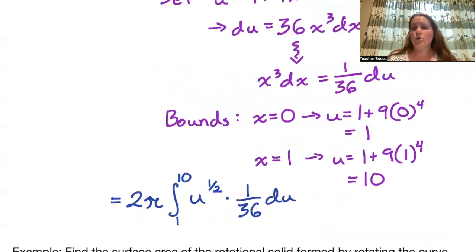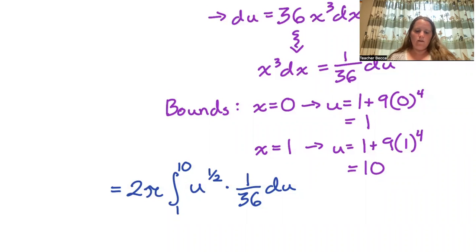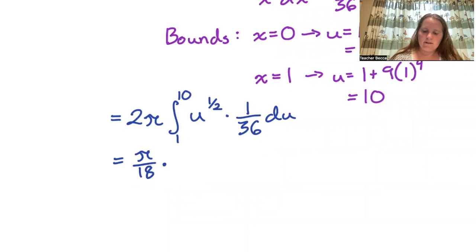Giving myself a little more space here. We have pi over 18. So this is equal to pi over 18 times u to the 1/2 would go to u to the 3/2.